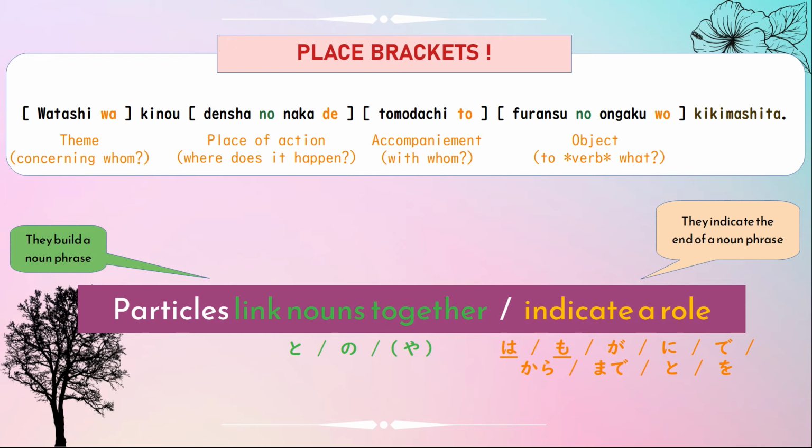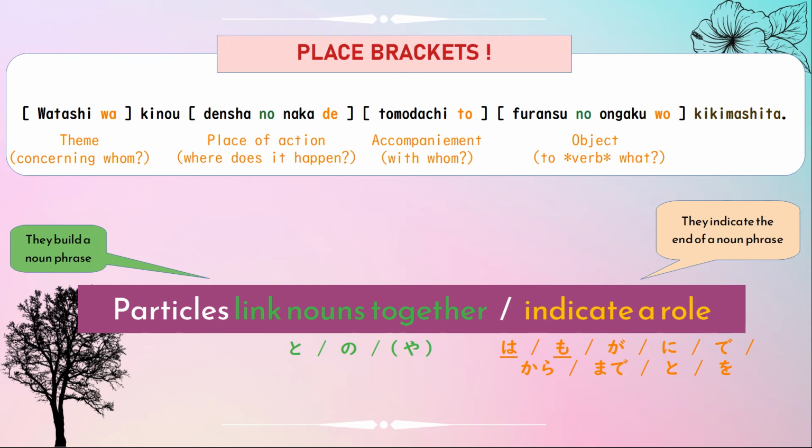And finally the object: you say the verb of the sentence, "to hear", because kiku means to hear, what, and you have your object. And so the whole sentence means, yesterday I listened to French music with my friends in the train.